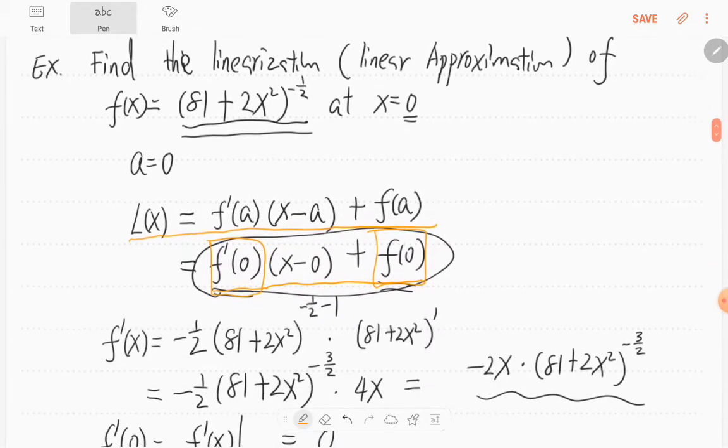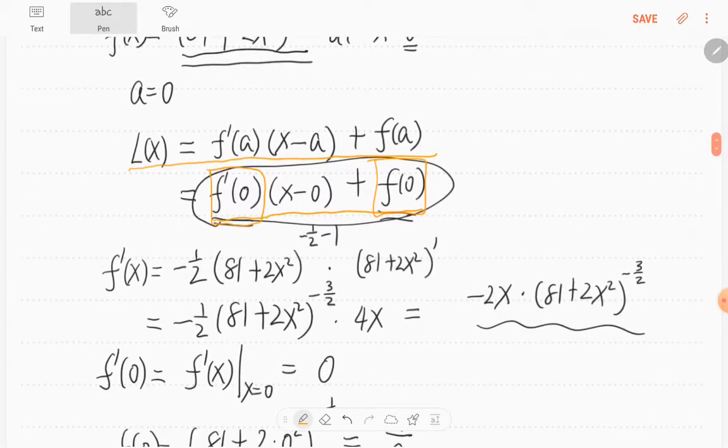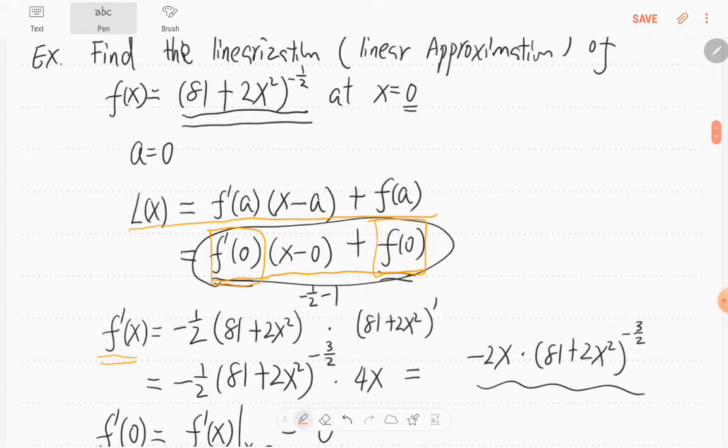Then the next thing you need to do is the calculation: what is f prime of 0 and what is f of 0? To evaluate f prime of 0, we need to calculate the derivative first. Here we need to use the chain rule because this is a composite function. The outside function is the power negative 1/2. If you take the derivative of the negative 1/2 power, it will bring down the negative 1/2, then subtract 1 to get a new power.